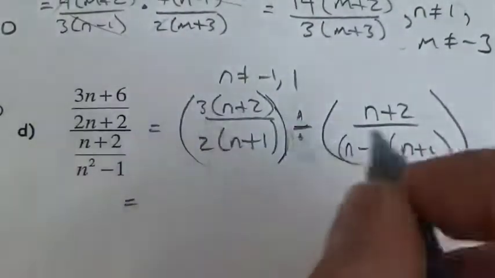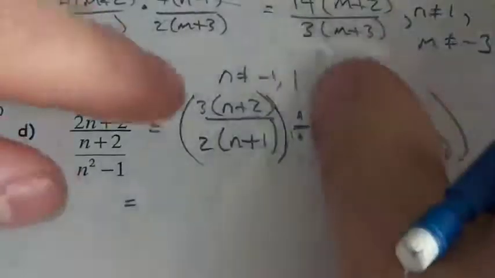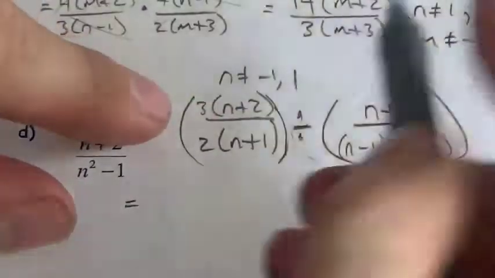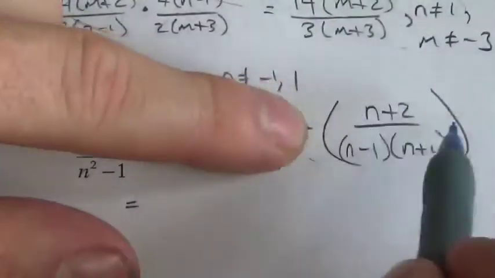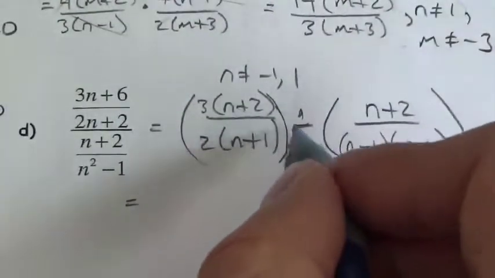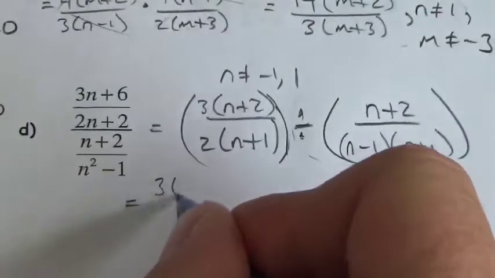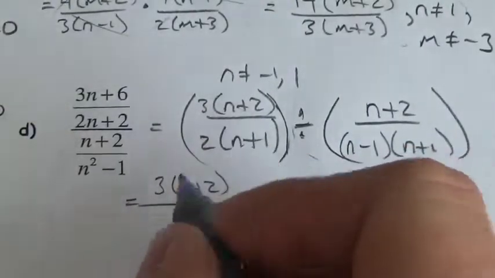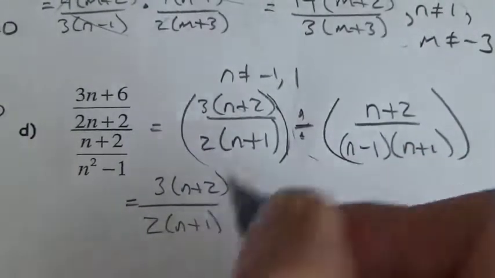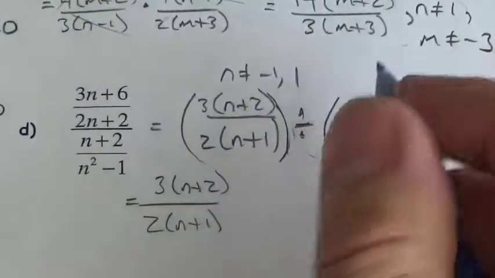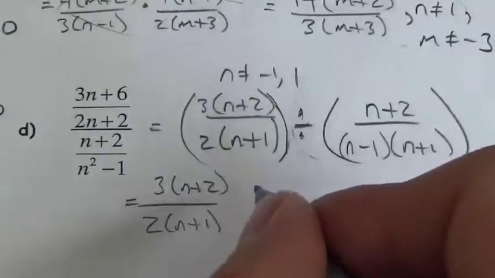So now, I would like to simplify within the parentheses if I could, but there's nothing shared numerator to denominator. So I'm going to move on to between the two sets of larger parentheses. So 3n plus 2 over 2n plus 1. I'm going to change that division into its equivalent multiplication.